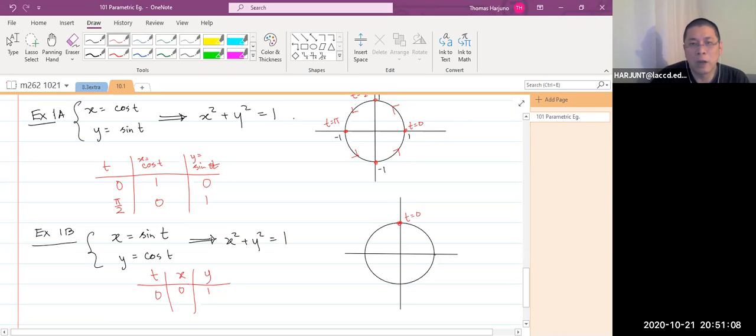When t equals pi over 2, it will be here. This is when t equals pi. So it goes this direction. The same shape, different direction of trajectory.